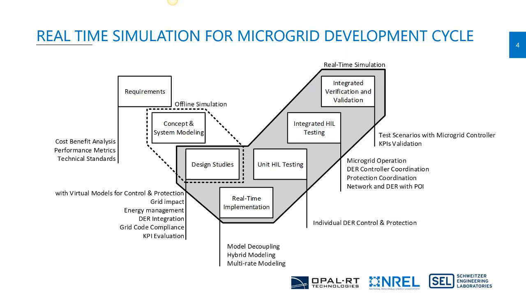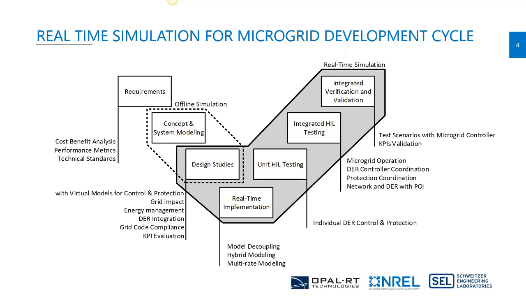The next step would be unit hardware in the loop testing. You would test each and every asset in the microgrid individually as if it was not connected to the whole network. The next step is integrated HIL testing, where you would test the whole microgrid, or each and every DER as part of the whole microgrid.